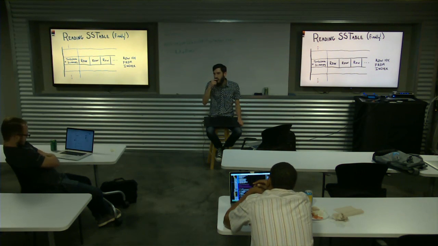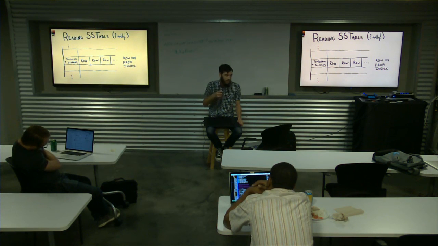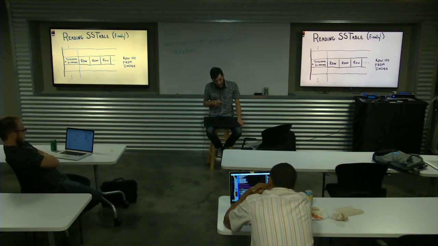Are you going to talk about tombstones at all? Am I going to talk about tombstones? Yes, so I'll just briefly, there's a few types of tombstones. Tombstones are how Cassandra keeps track of deletes.